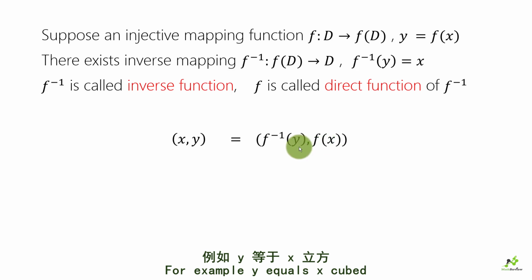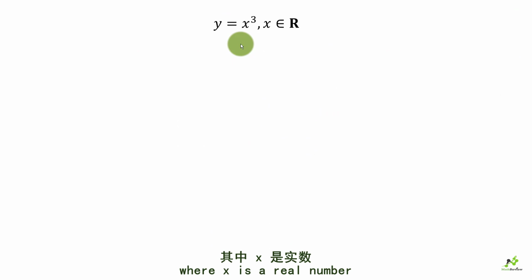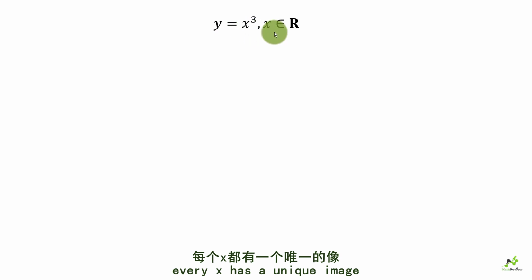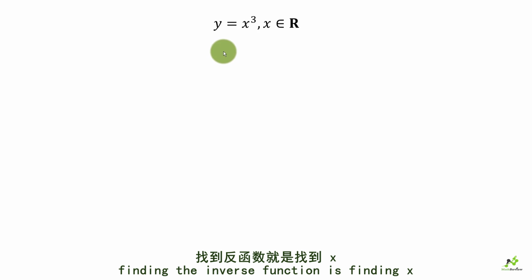For example, y equal to x cubed, where x is a real number. This function is an injective mapping. Every x has a unique image. Therefore, there exists an inverse function. Finding the inverse function is finding x.